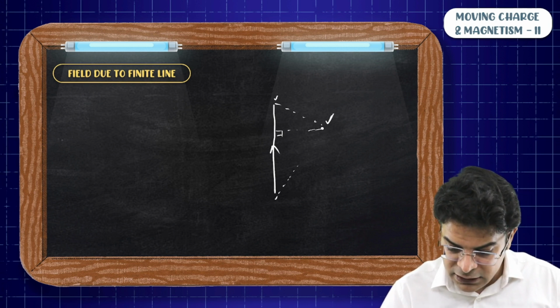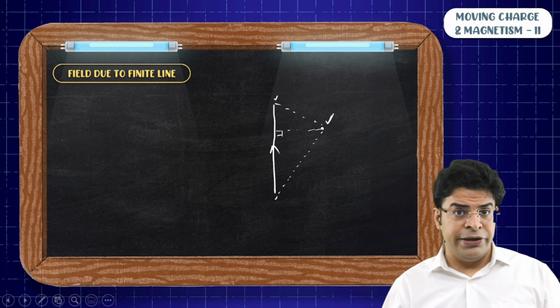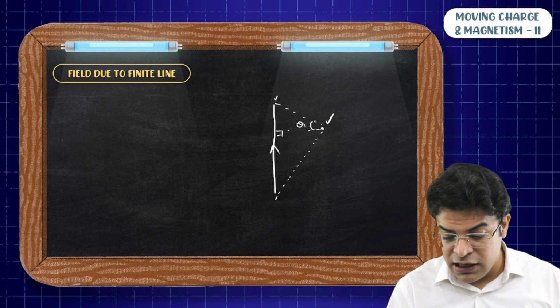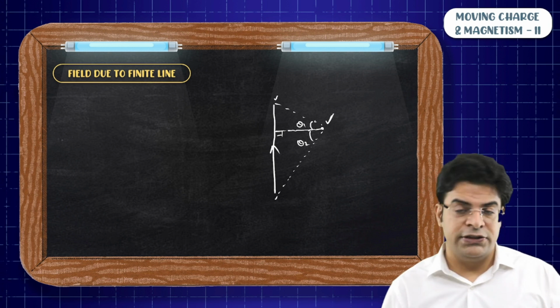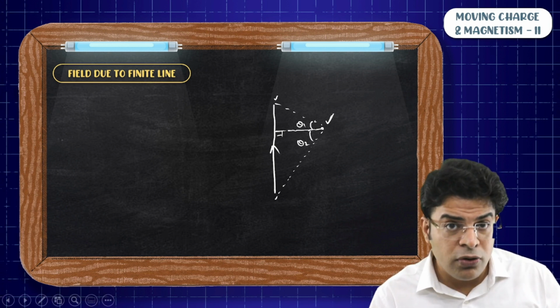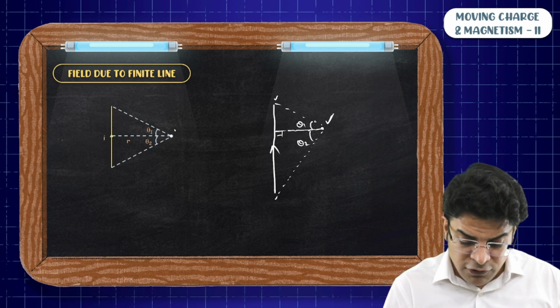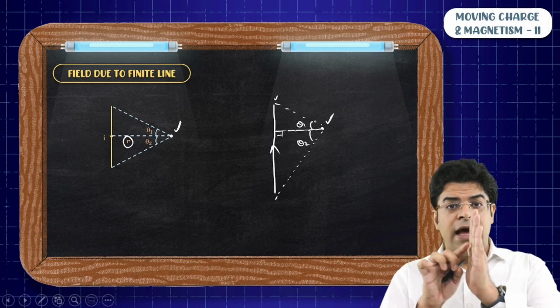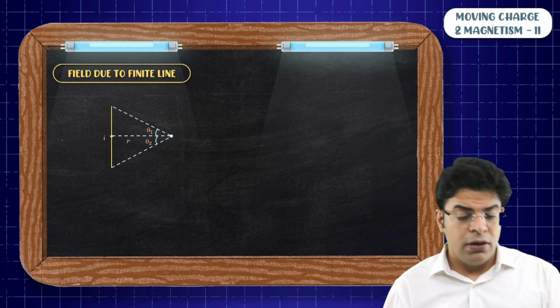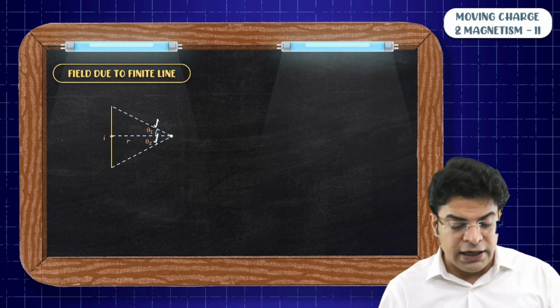And let's say the lines joining the two extremes make some angles theta 1 and theta 2 with the line of shortest distance. Then the formula gives the strength of the magnetic field at this point, whose distance from the line is r and the two angles are theta 1 and theta 2.